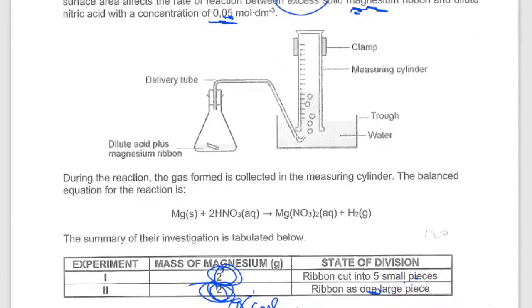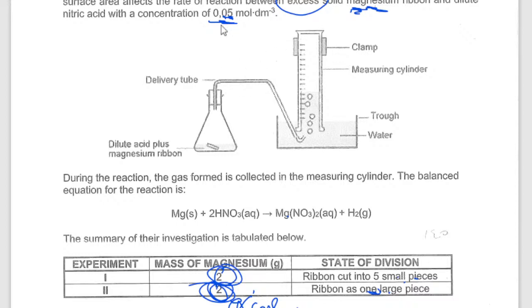Oh, you're saying that how does the surface area relate to the dilute nitric acid concentration. Yes, the concentration given was for nitric acid. True. Yeah, but not hydrogen.